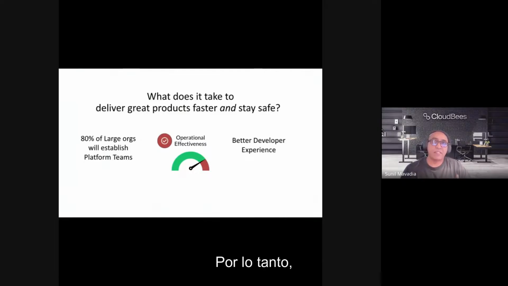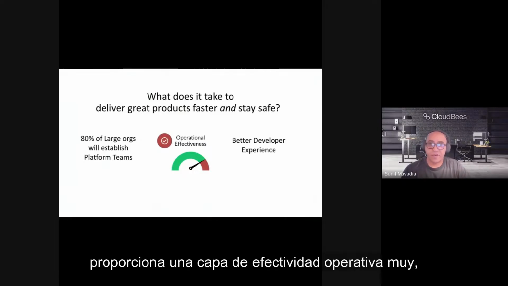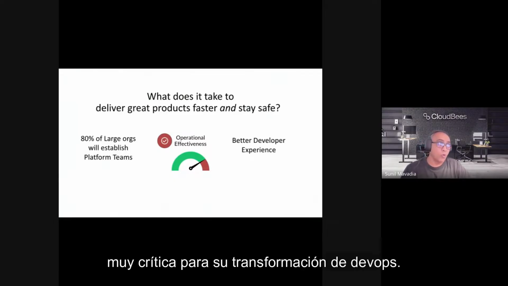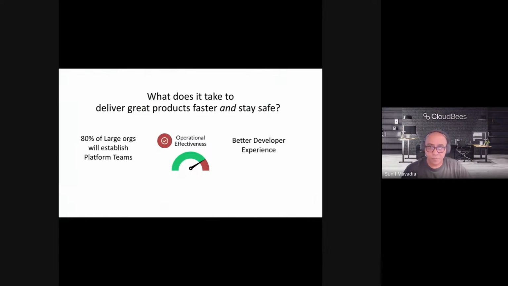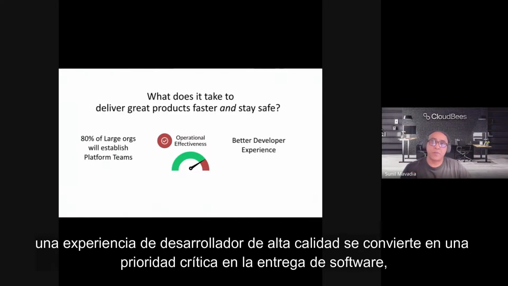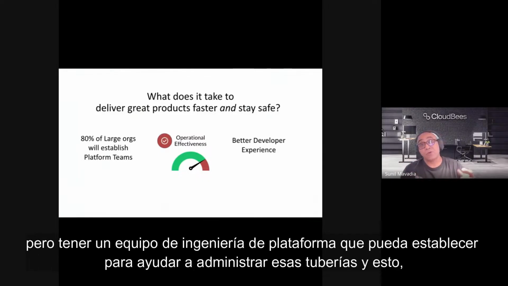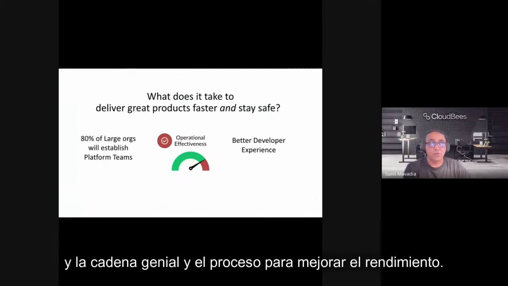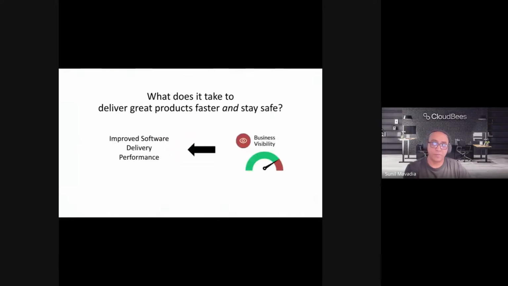And so that provides a layer of operational effectiveness that is very, very critical to your DevOps transformation. So things to consider might be high quality developer experience becoming a critical priority in software delivery. Again, but having platform engineering teams that you can establish to help manage those pipelines and the tool chains and the processes to improve that throughput.